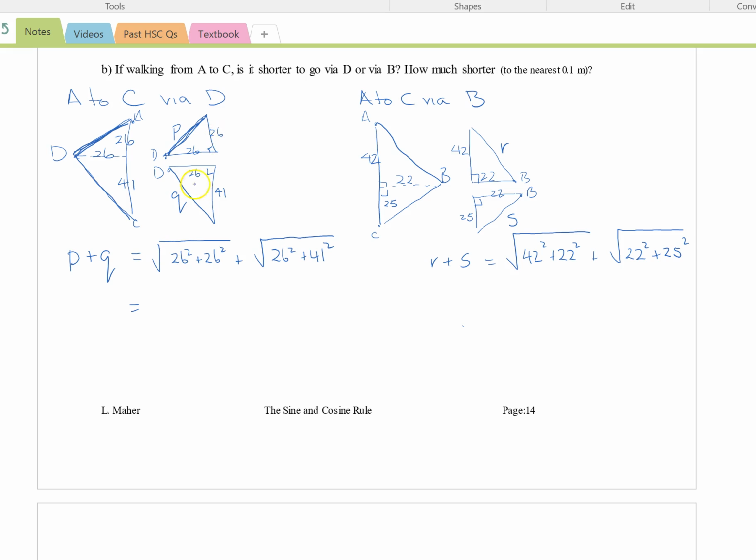So you're going to use Pythagoras' theorem. Normally we would have P squared equals 26 squared plus 26 squared, but we only want P, so I'm taking the square root. Same here to get Q, the second leg of the path, a hypotenuse again of a right angle triangle where the sides are 26 and 41. Instead of Q squared equals 26 squared plus 41 squared, I only want Q, so I'm going to take the square root.